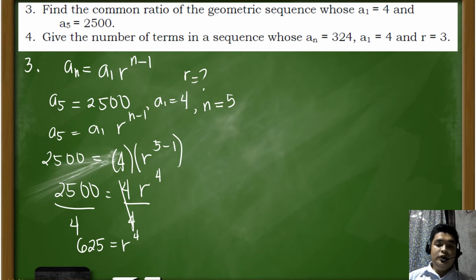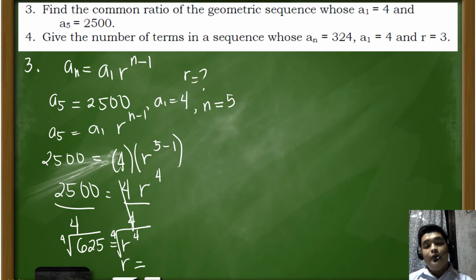Okay, so very good. We need to find the fourth root, no? Fourth root of 625. So r is, okay, so you need to find a number that if you multiply 4 times by itself, meaning multiply it by itself four times, the result is 625.